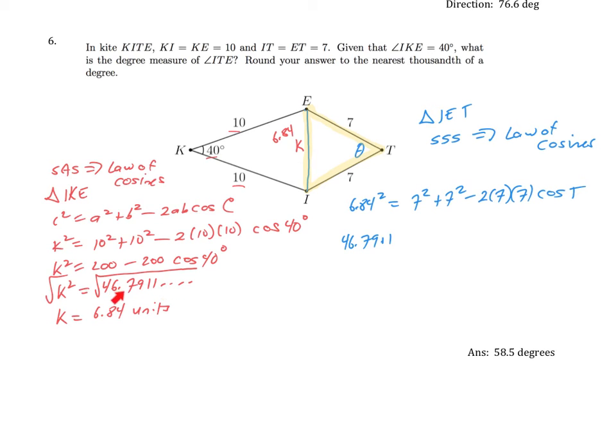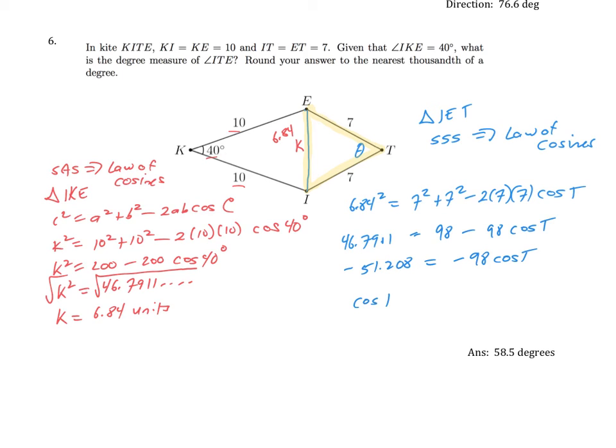Because we found the square root of that to get k. That's going to be equal to 7 squared plus 7 squared, which is 49 plus 49, which is 98. 2 times 7 times 7 is also 98. So minus 98 cosine t. Subtracting 98 from both sides of the equation, we'll get negative 51.208 is equal to negative 98 cosine t.